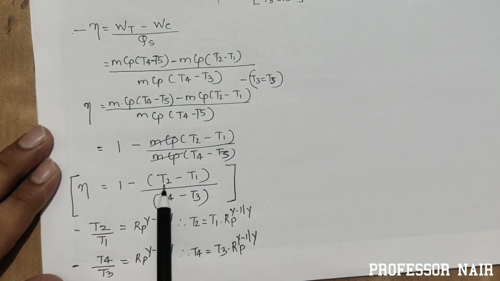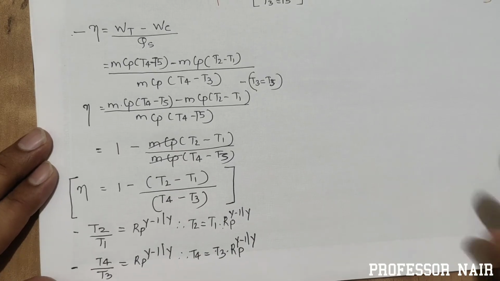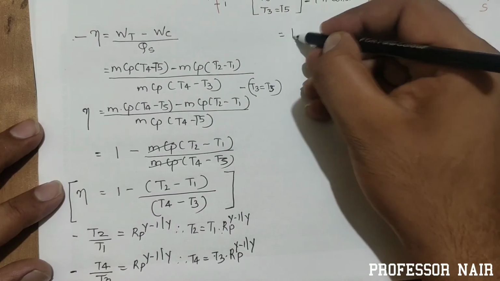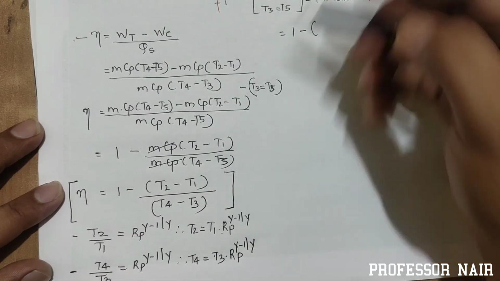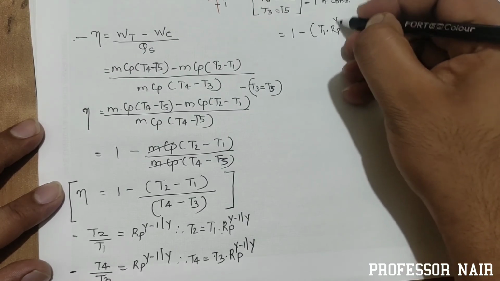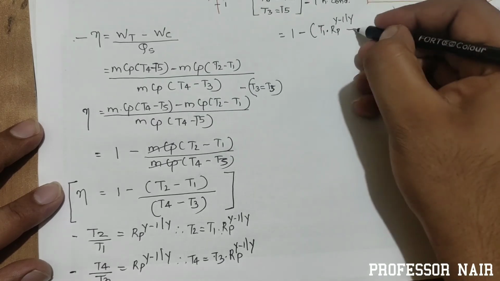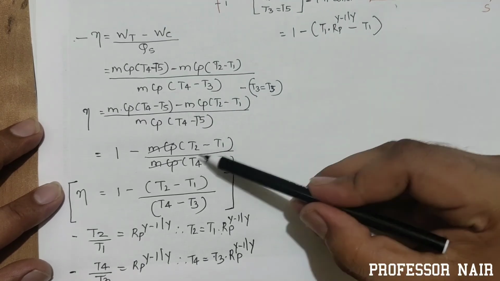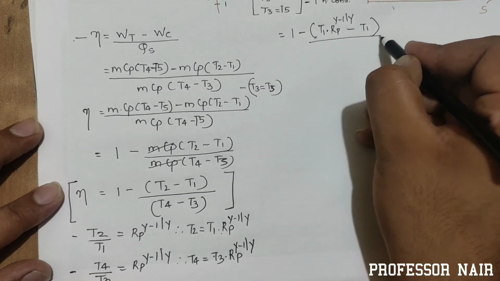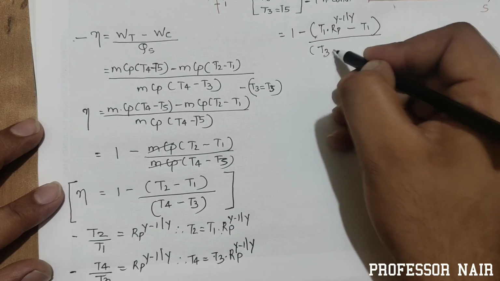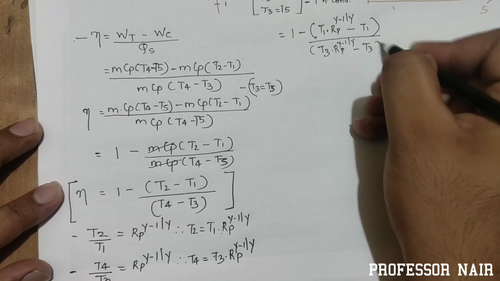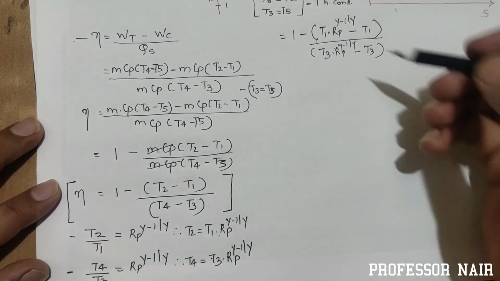So T2 I will put here and T4 I will again put here. I will write the equation as 1 minus, what is the T2 value now? T1 into Rp raised to (gamma minus 1) upon gamma, minus T1, upon T4 minus T3, T4 is this value: T3 into Rp raised to (gamma minus 1) upon gamma, minus T3. So from here what can you take common?